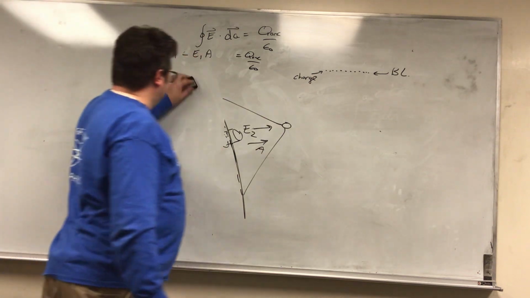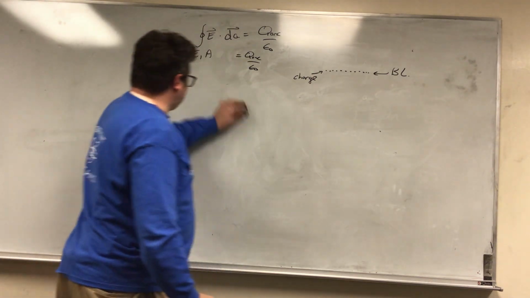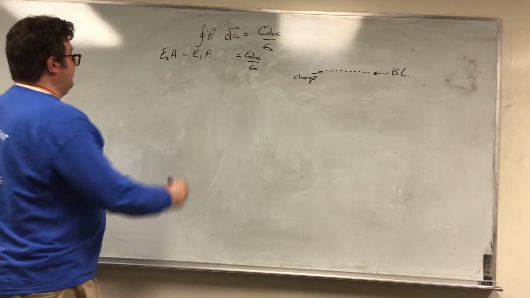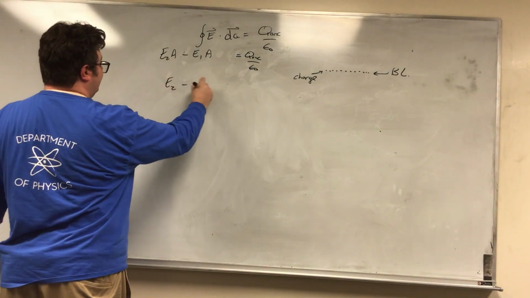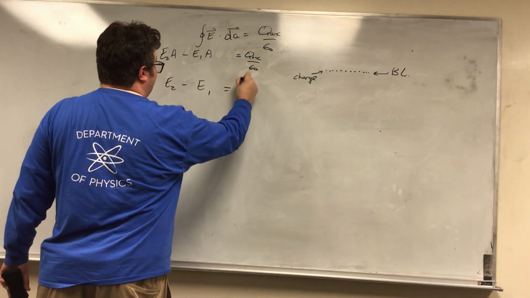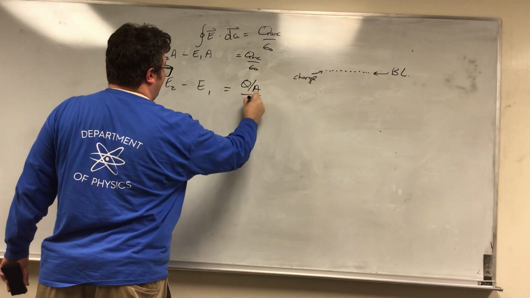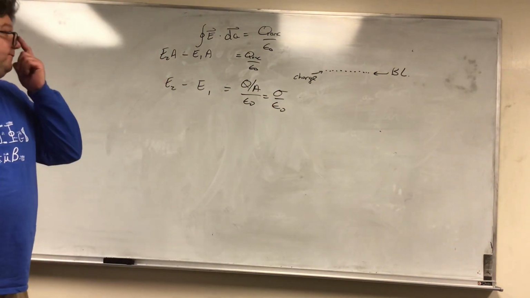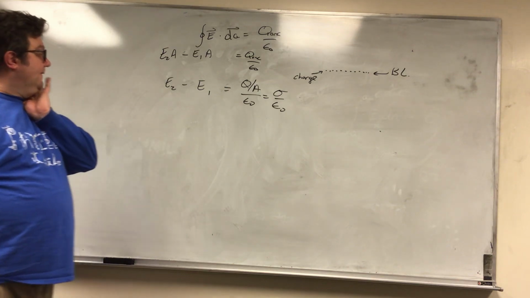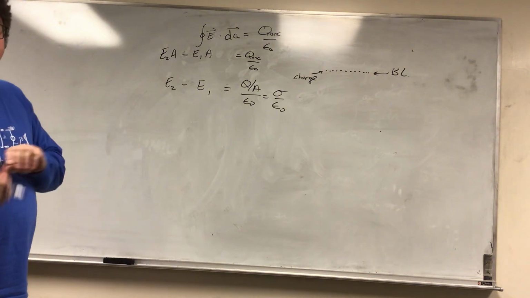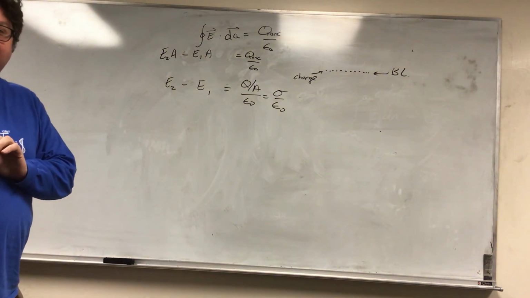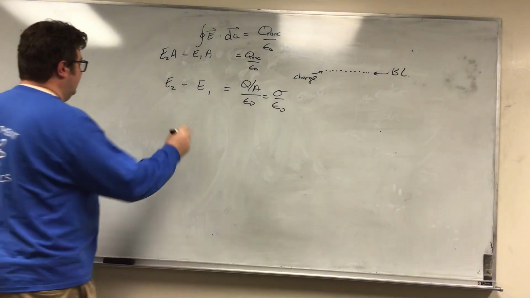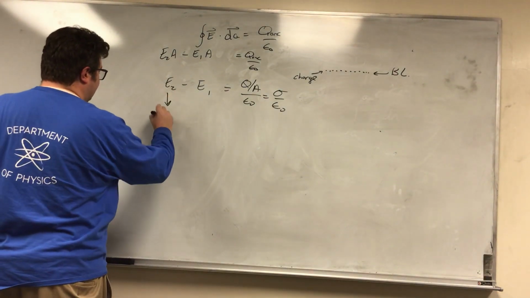Okay, so then what we do is we divide this whole equation by area, and you get E2 minus E1 equals Q over area over epsilon naught, or sigma over epsilon naught. Okay, and now we think about how the electric field is connected to the potential.